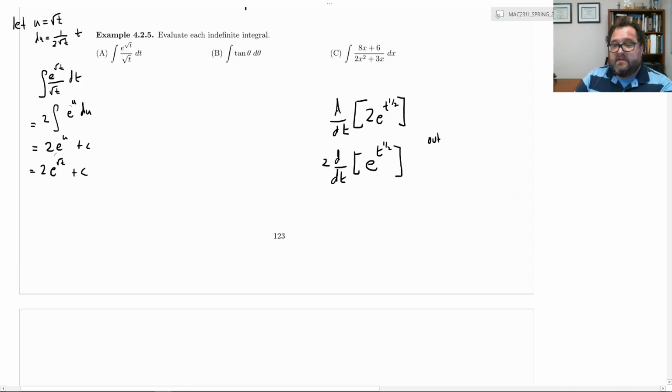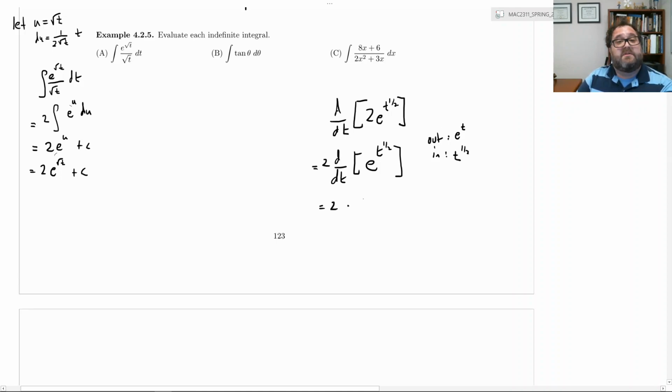So what's our outside function and what's our inside function? Well, the outside function is e to the t, and the inside function is t to the 1/2. The chain rule says, first of all, we leave that 2 up front.